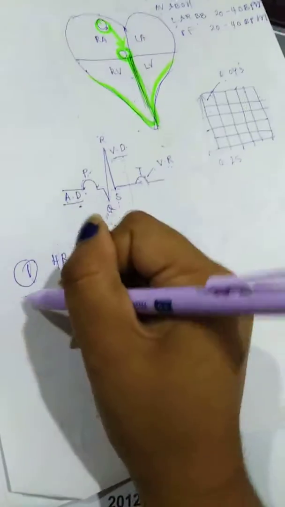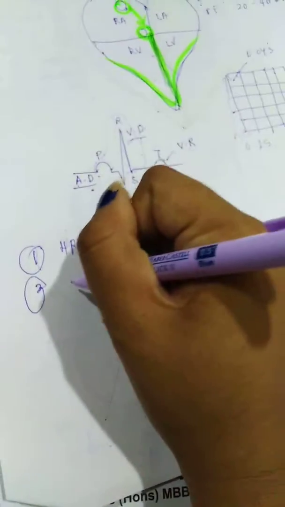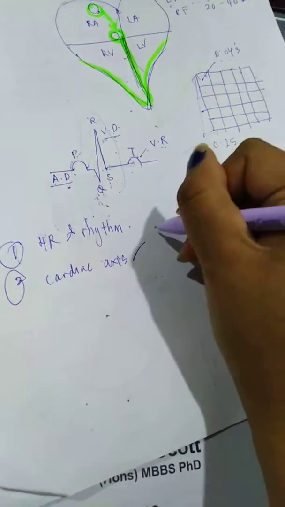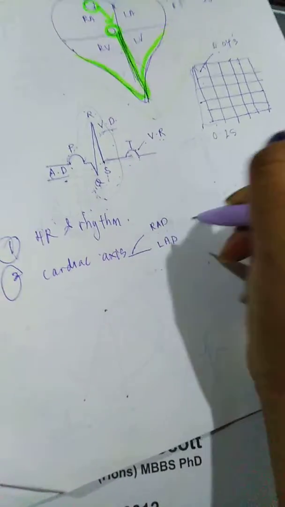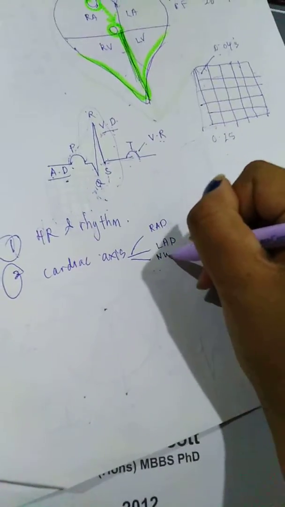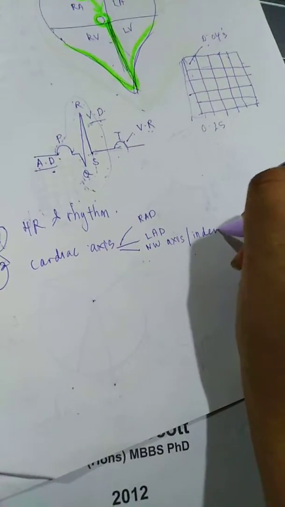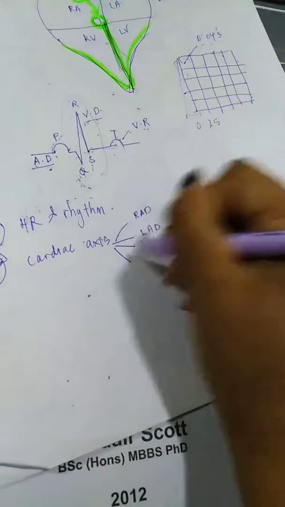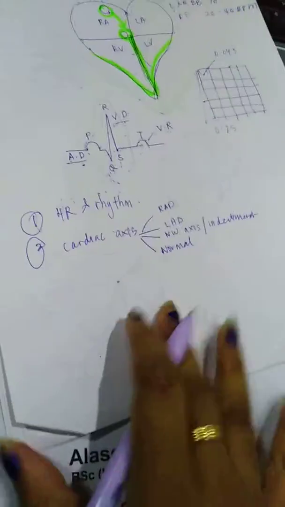Number 2 is where you check the cardiac axis, which shows you a right axis deviation or a left axis deviation, or a northwest axis, also known as an indeterminate axis, and then you have a few normal axes. I'll be going one by one, so keep calm.